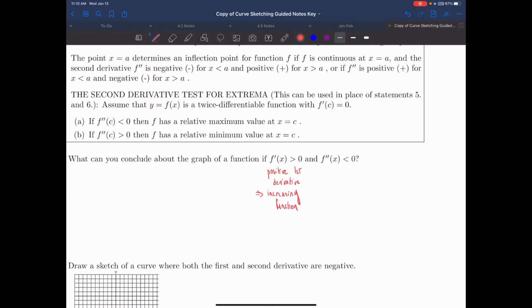This is a second derivative which is less than 0, so a negative second derivative. This means that this is a concave down function.